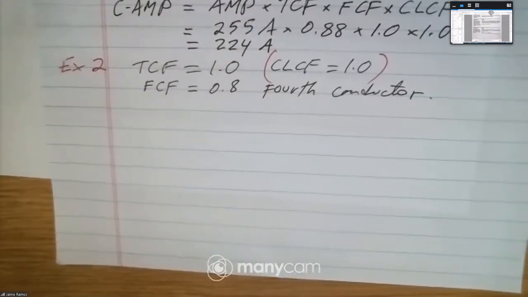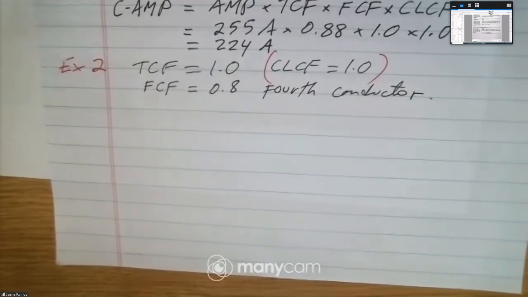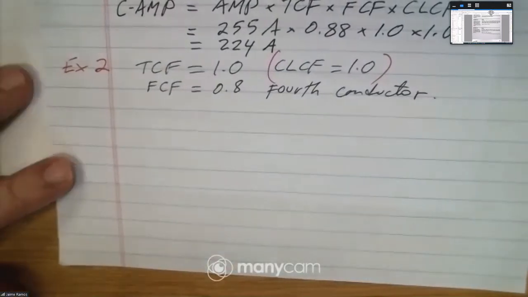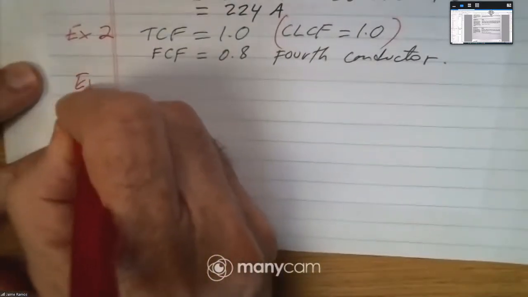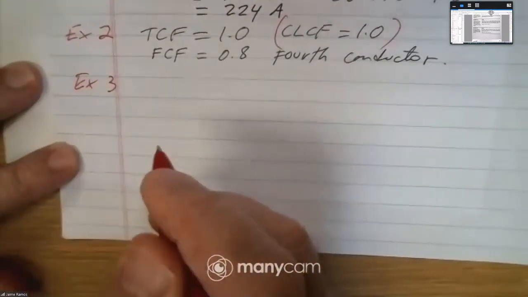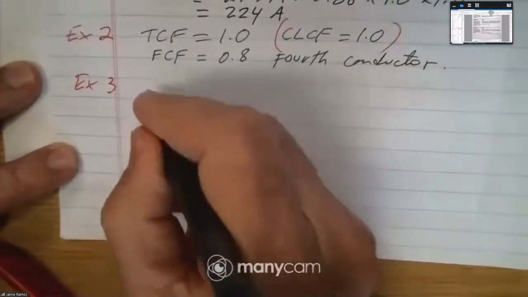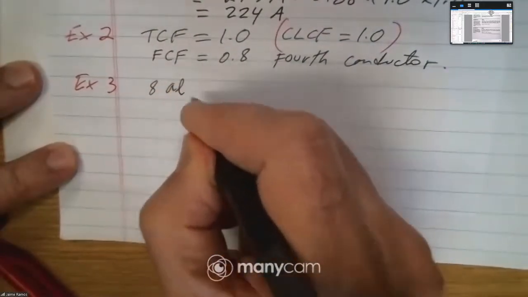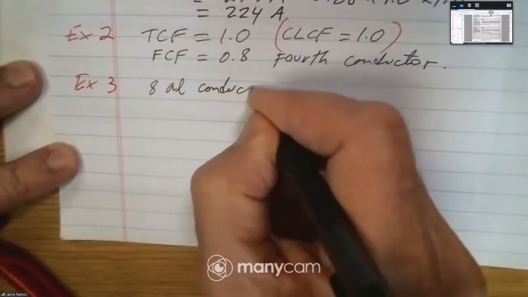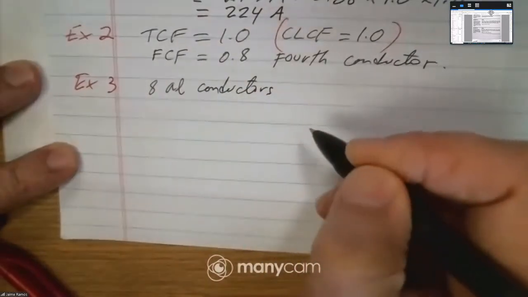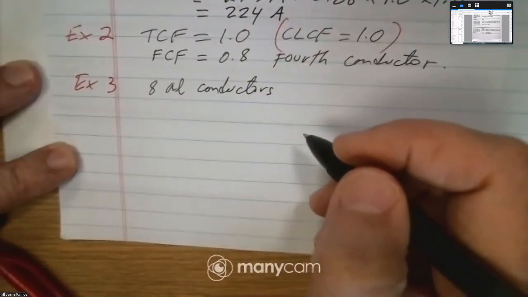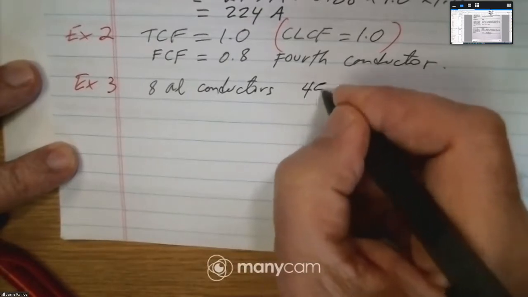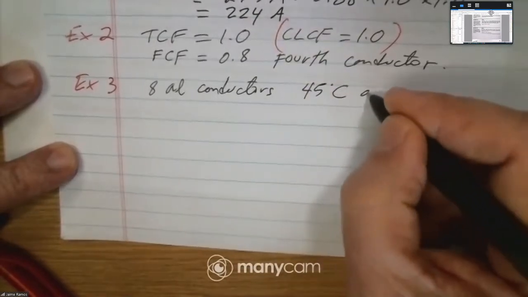Then in example 3, aluminum conductors, 8 aluminum conductors, 75 degrees, 45 degrees centigrade ambient.